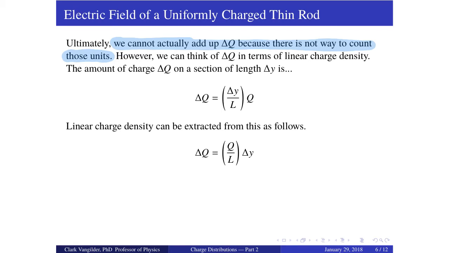And then given how long something is, or what its total area is, or maybe what its total volume is, then I can work out a charge density. And that's something that I can actually count because it's in terms of the length or the area or something like that. Okay? So looky here.